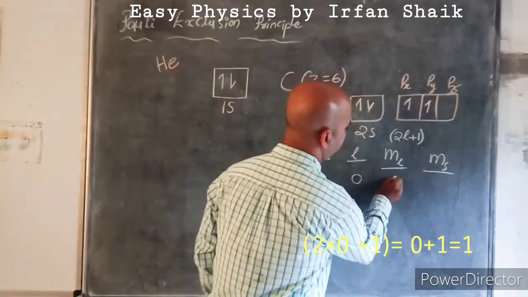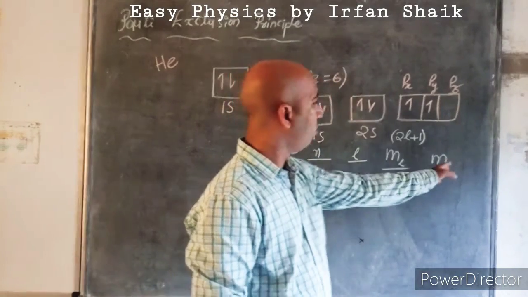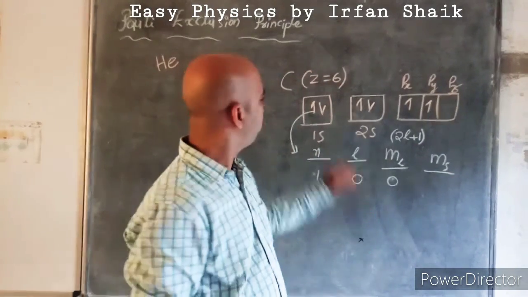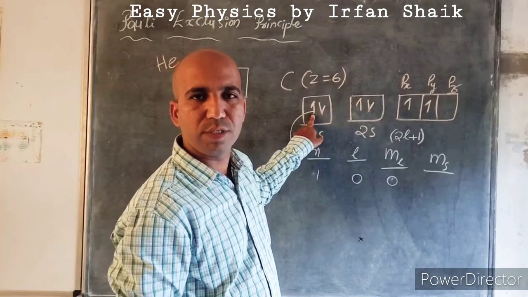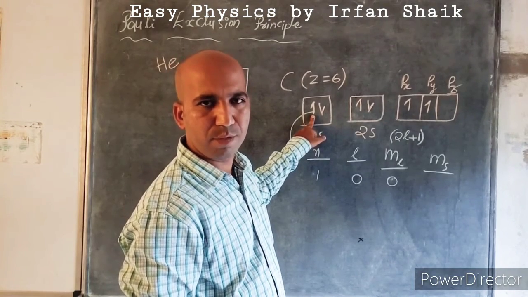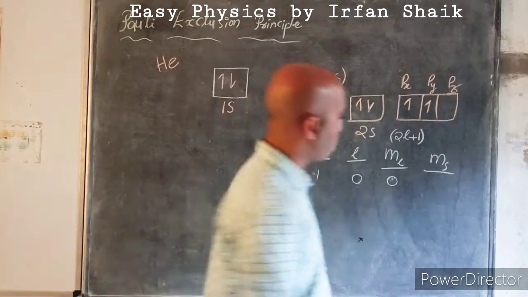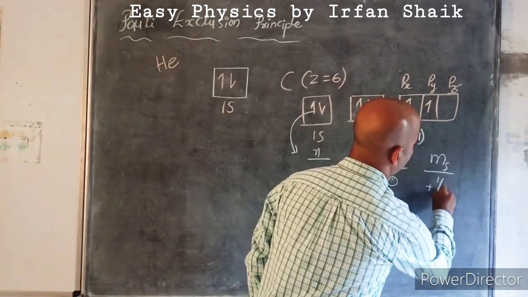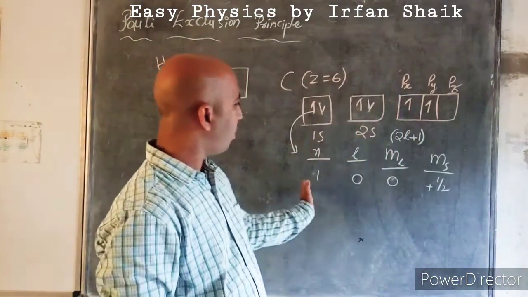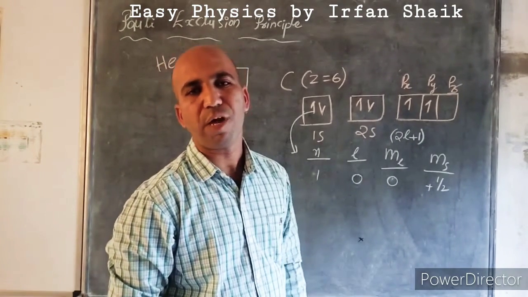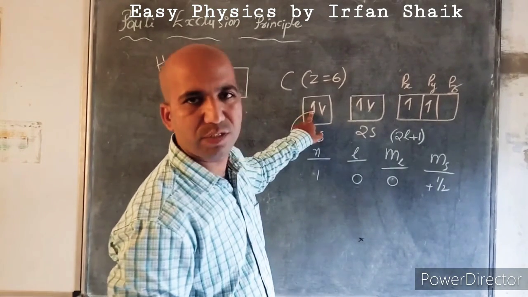Now the spin quantum number. This electron is in clockwise direction, so its spin value will be plus half. So these are the four quantum number values for the first electron.